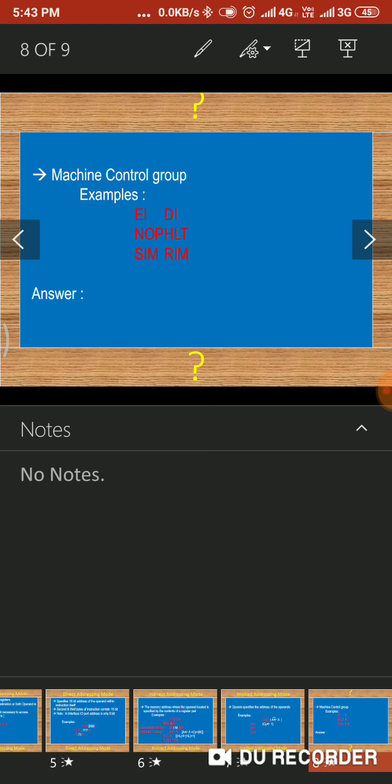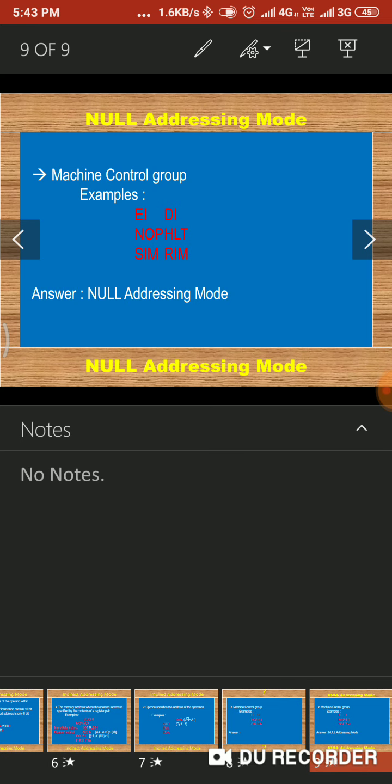These instructions are in the null addressing mode. They do not come under any of the addressing modes. Similarly, the SIM and RIM instructions come under the null addressing mode because they do not come under any of the addressing modes which we discussed earlier.